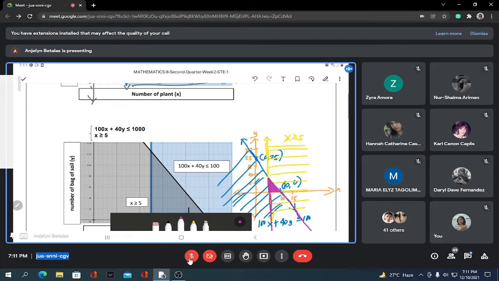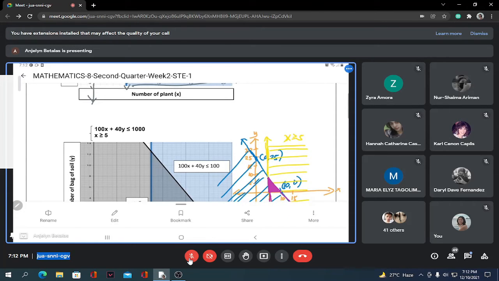At most, the number of bags of soil can be zero. So, the theoretical graph is different from real situations. You cannot consider negatives, especially when talking about amount, money, or distance, which cannot be negative. Understood?